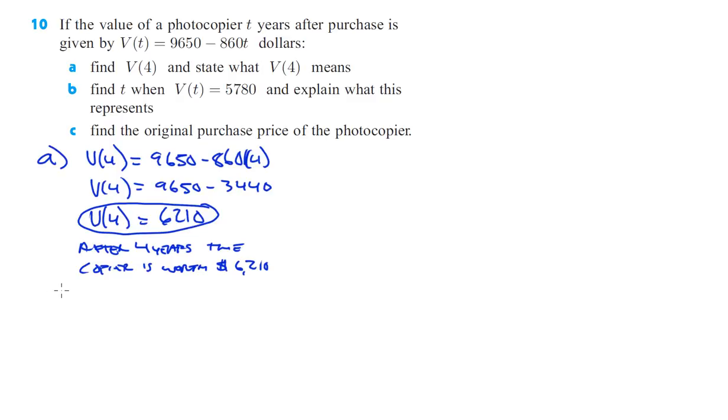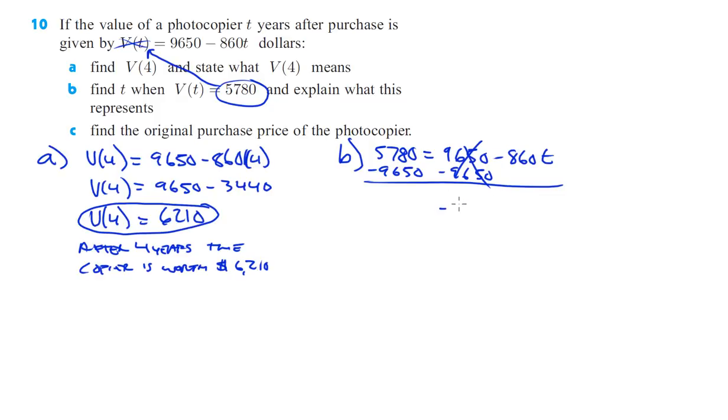B. Let's find t when V of t equals 5780. So this 5780 here is going in and replacing the V of t over here. So it's going to be 5780 equals 9650 minus 860t. Now we have to solve for t. So let's subtract 9650.